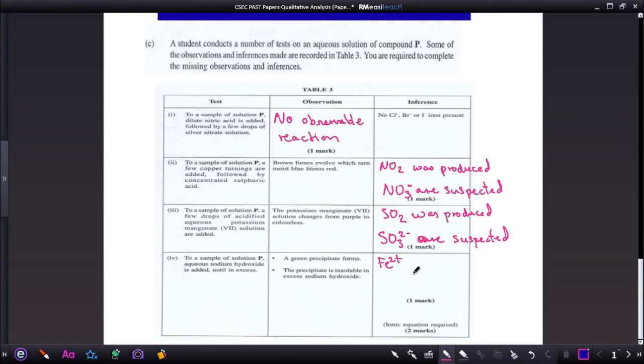So the iron 2+ ion is present. The precipitate is insoluble in excess sodium hydroxide. What this is saying is that when sodium hydroxide is added in excess, the green precipitate remained. So Fe2+ is confirmed.